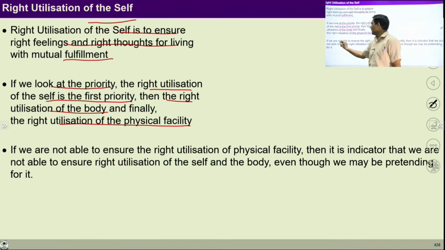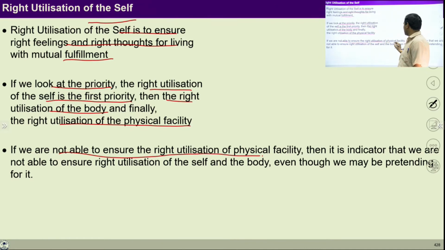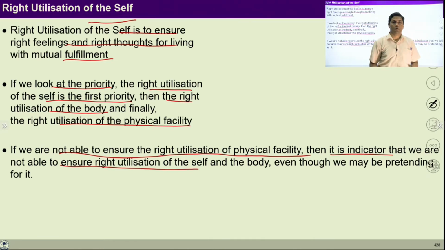So if we are not able to ensure the right utilization of physical facility, then it is an indicator that we are not able to ensure right utilization of the self also. So you can take it as an indicator. If a person is not able to ensure right utilization of the self, of the body, it means that person doesn't have right understanding in the self.